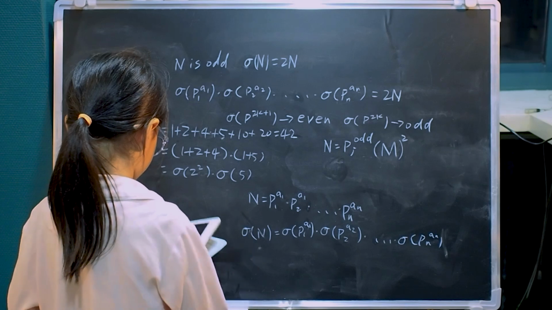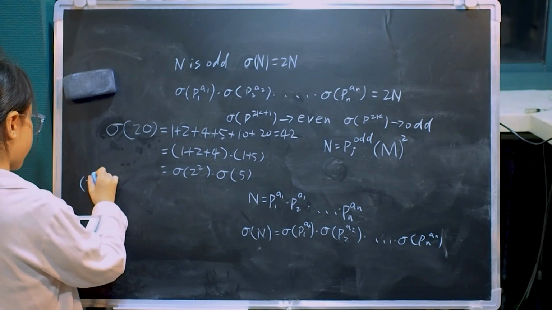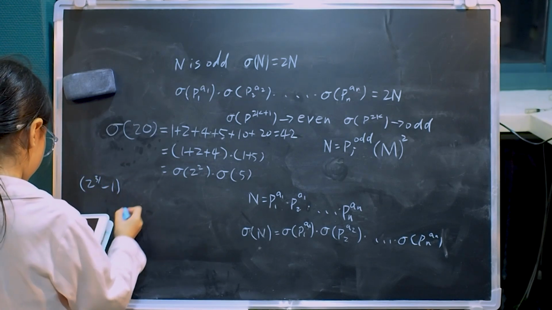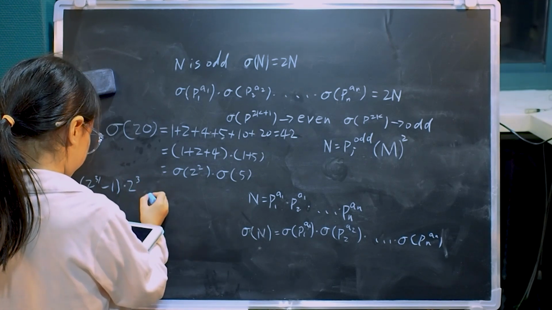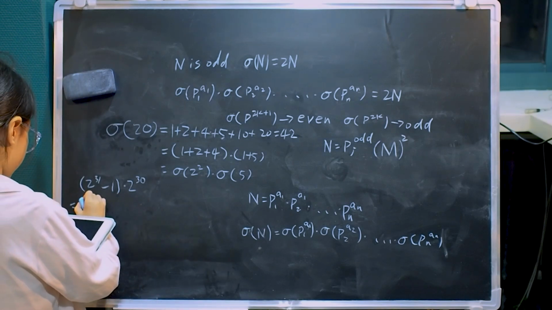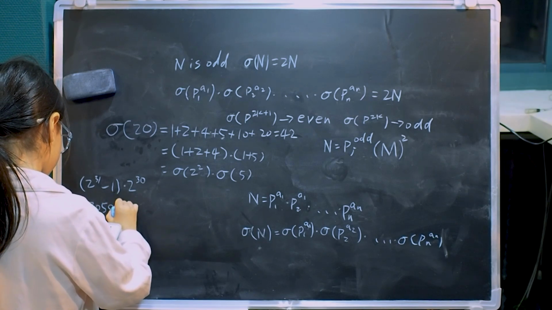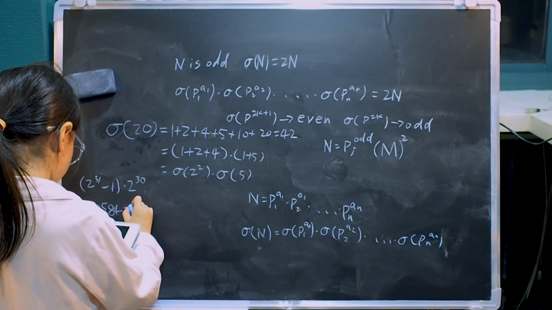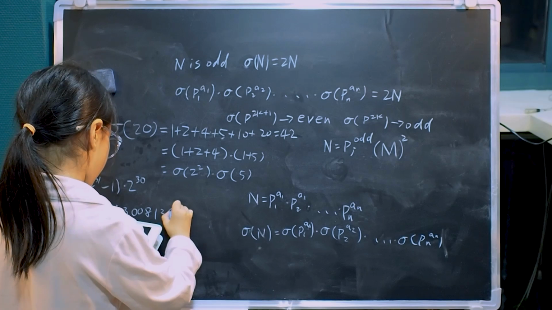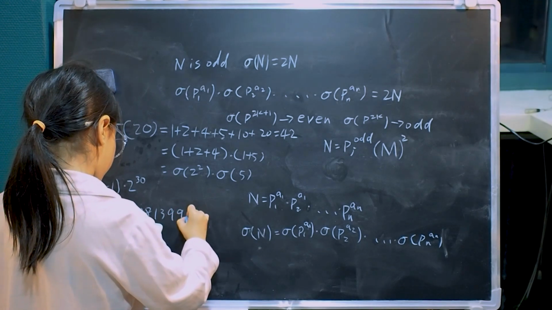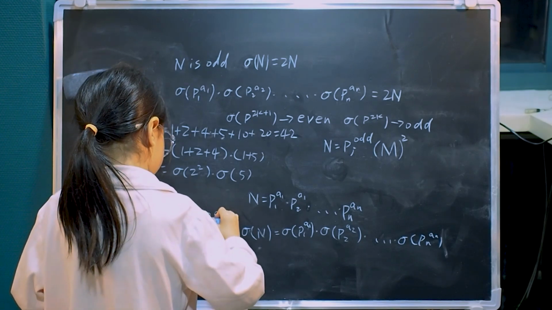The perfect number is 2 to the 31 minus 1 times 2 to the 30, and that is equal to 2305843008139952128.